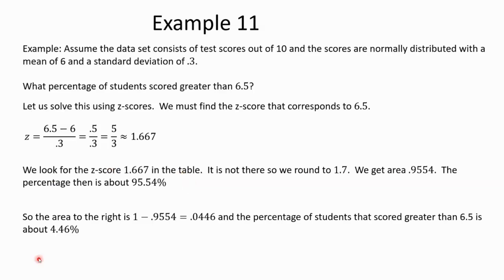So it's just like before, right? We're going to use z-scores. First, we get the z-score that corresponds to 6.5. We know that the mean is 6, standard deviation is 0.3. We saw that this is not in the table, so we had to round it to 1.7.